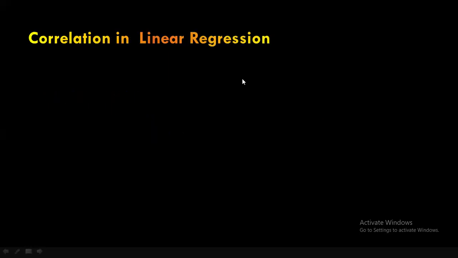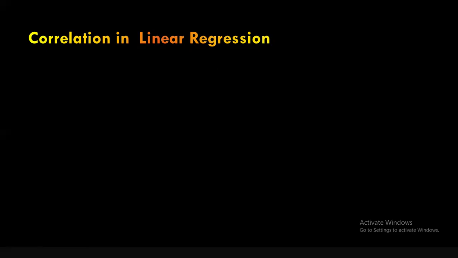What else do you need to learn as part of the linear regression algorithm? Correlation. Before we go ahead and train our linear regression model in Python, there are certain basic things you should know. What is correlation in linear regression? We discussed already, we have something called positive correlation and negative correlation.